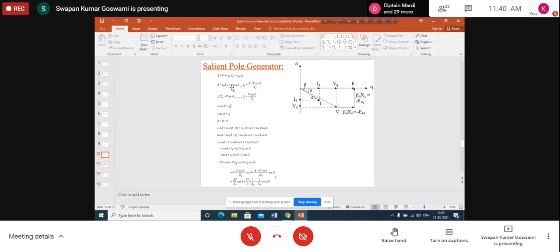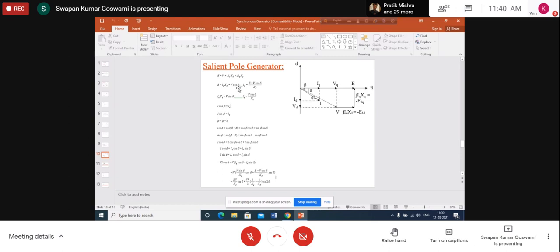Now, if you consider the magnitude only, how much is the magnitude of E? This magnitude, and you say that minus this magnitude, IDXD. What is that? This is equal to this VQ. We have shown that this quadrature axis component of V is VQ. So what is VQ? VQ is V cosine delta.